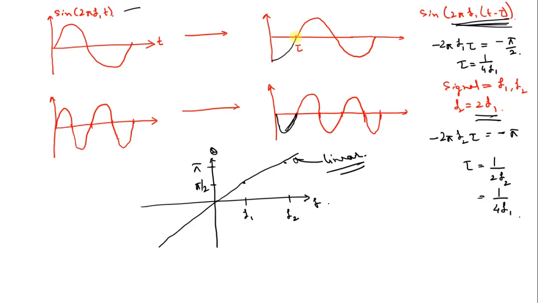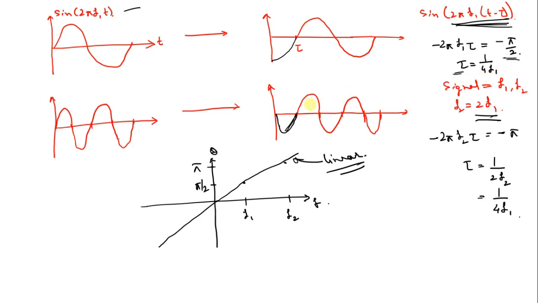If you trace it back to the origin, the signal has moved by a phase of minus pi by 2. So minus 2 pi f1 tau is equal to minus pi by 2. If you calculate tau, it is nothing but tau equals 1 by 4 f1.